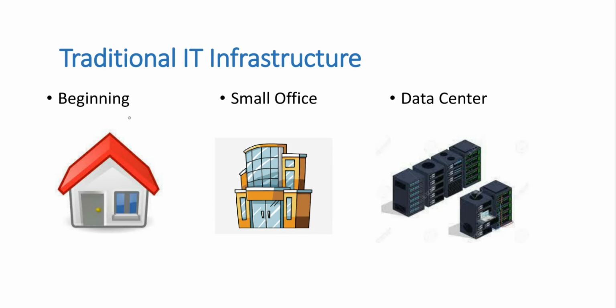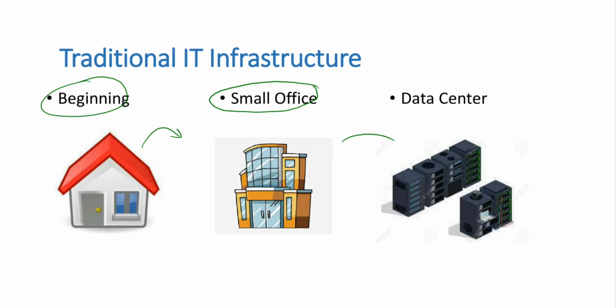So now let's see what traditional IT infrastructure is. For example, a business is small, so in the beginning they may start from their home, and when the business grows, when the number of users of their products or services grows, they can start a small office.